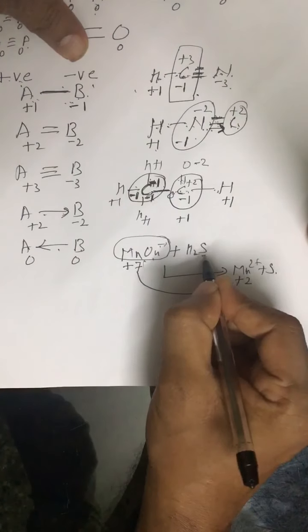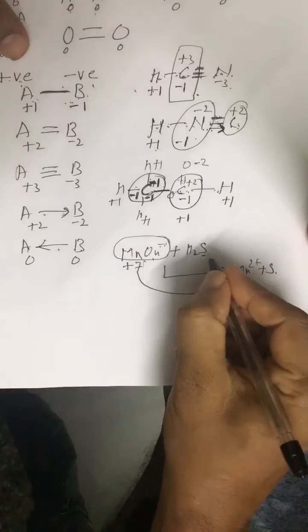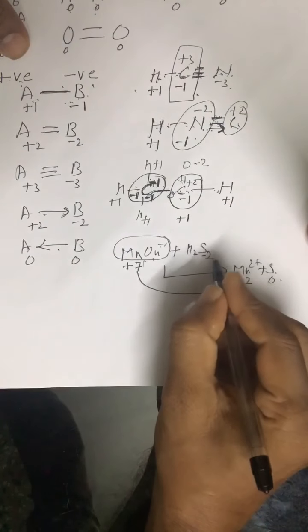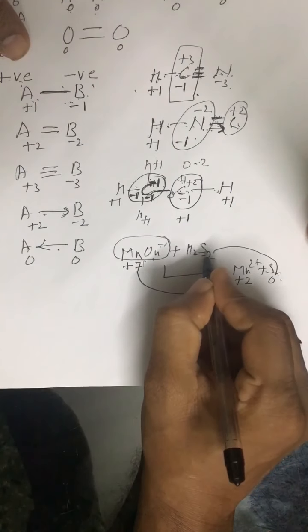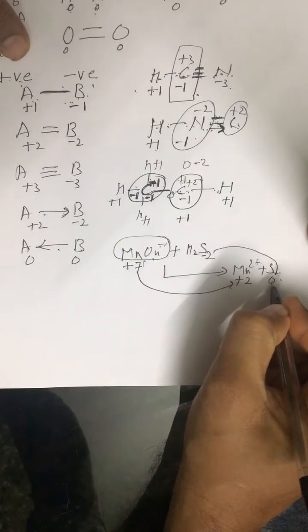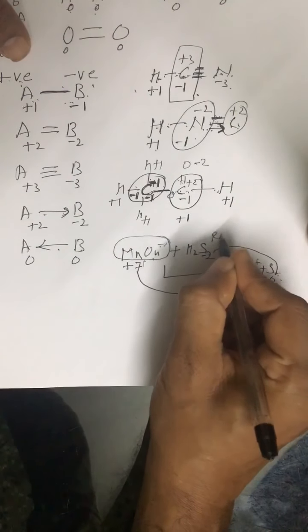And for H2S, find out the oxidation state of the central atom. The oxidation state of sulfur is -2, and in the product it is 0. So there is an increase in oxidation state, which means H2S is oxidized. And if it is self-oxidized, its function is reducing agent.